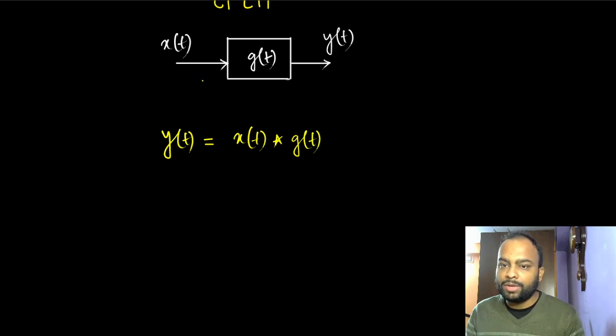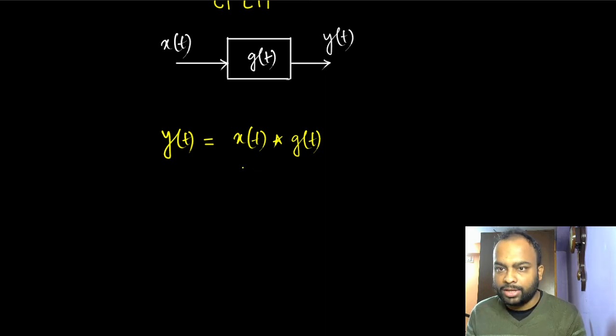So if I take the input signal and convolve it with the impulse response, we get the output. This is again one of the fundamental properties of linear time invariant systems. This happens for this kind of systems, right?